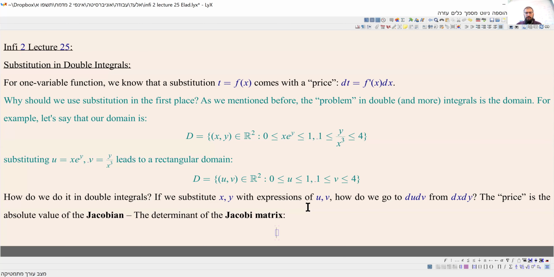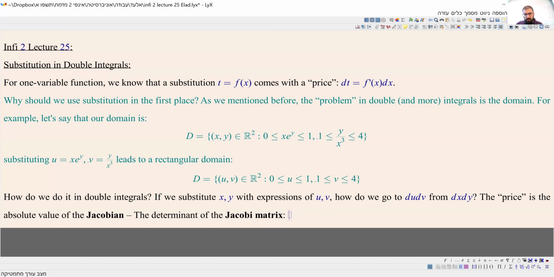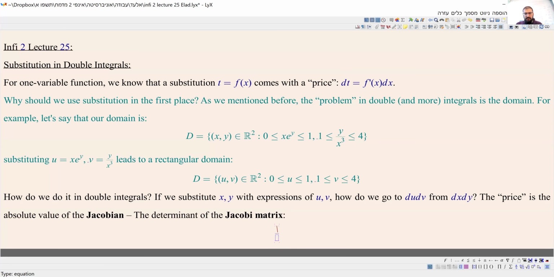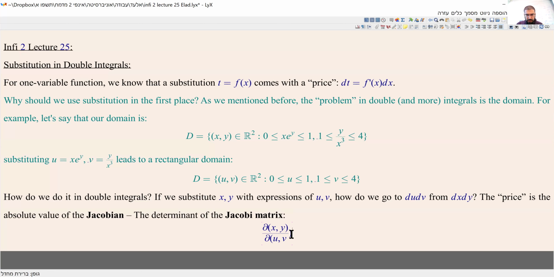What is the Jacobi matrix? We denote it by this nice notation, using the curly partial derivatives mentioned before, the curly d of x, y and the curly d of u, v. What is this matrix actually?